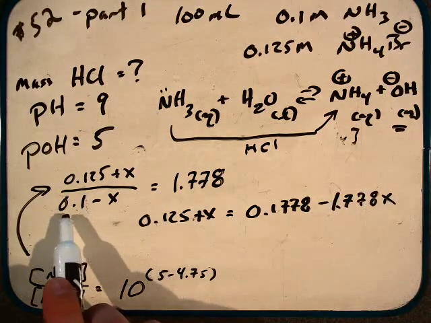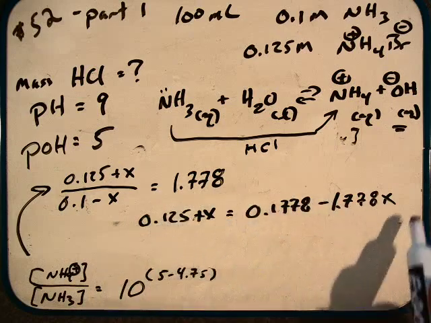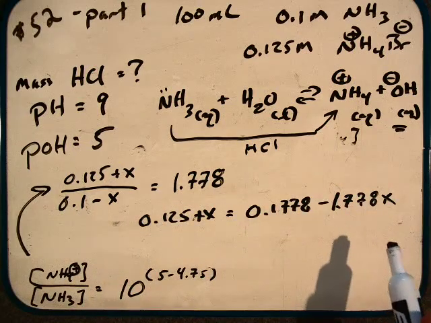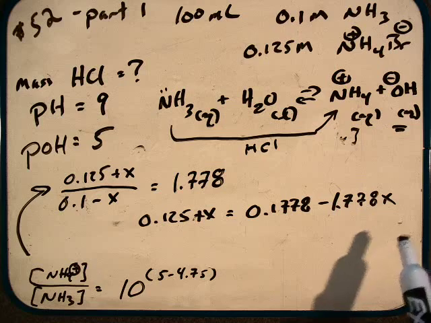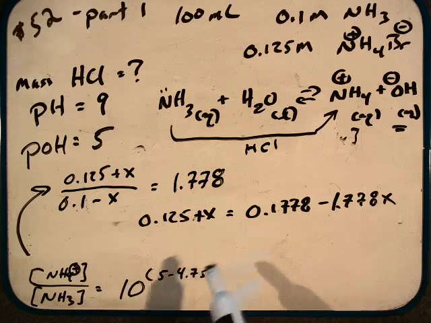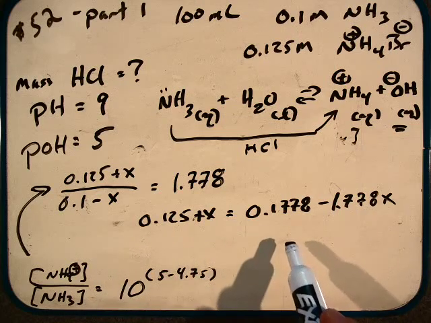I brought over my 0.1 minus X to the other side, and I've actually then multiplied through. And so that gives us this. And so we begin to isolate terms.